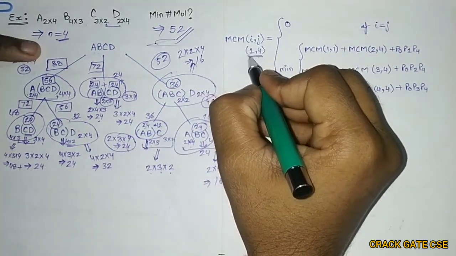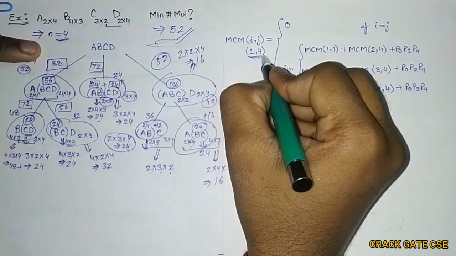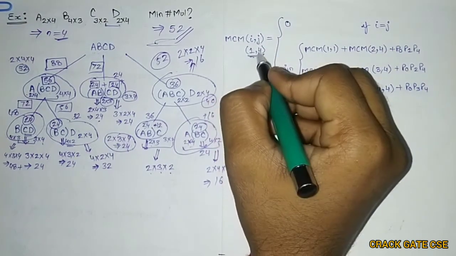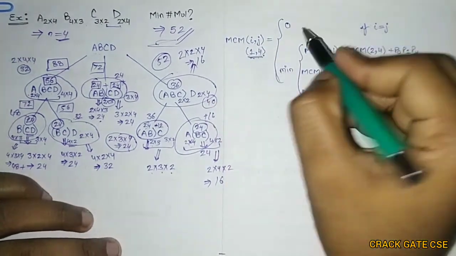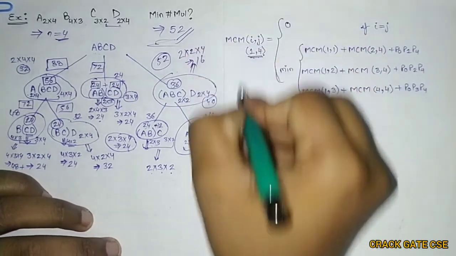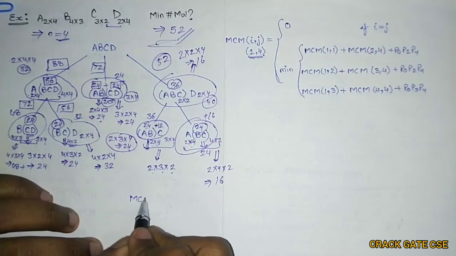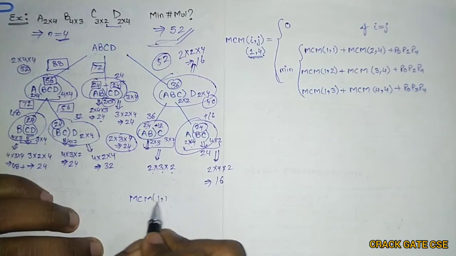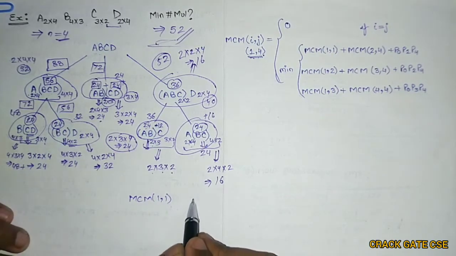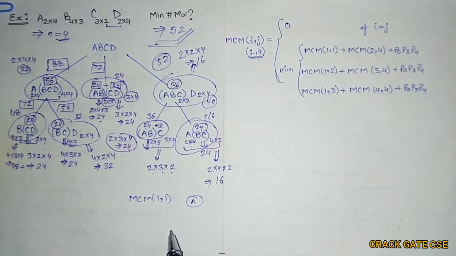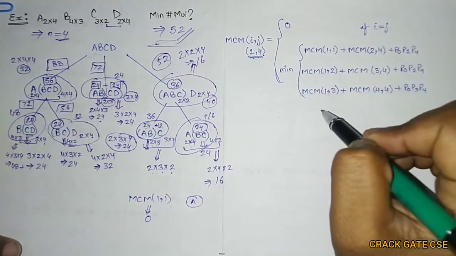So starting from 1 I will go up to 4, right? This is the meaning of MCM(i, j). Now if i is equal to j, that means somewhere it is MCM(1, 1), that means there is only A, nothing else is around with this, then we can simply return 0 for this particular value, right? This is what this first condition says.